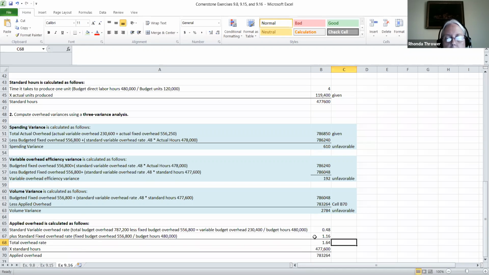The two of these combined are the total overhead rate, and then we multiply it by the standard hours to get the applied overhead. This applied overhead is substituted back into this formula, and we subtract it from this to get this. Since this top figure was more than this one, it's an unfavorable variance.